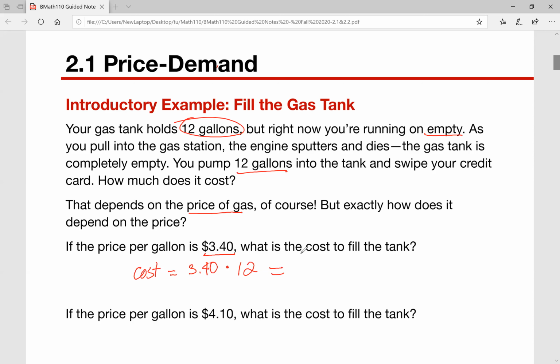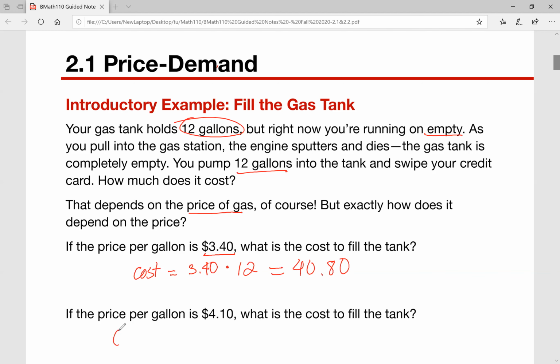So 40.80. And if the price per gallon now changes to be 4.1, so then what?